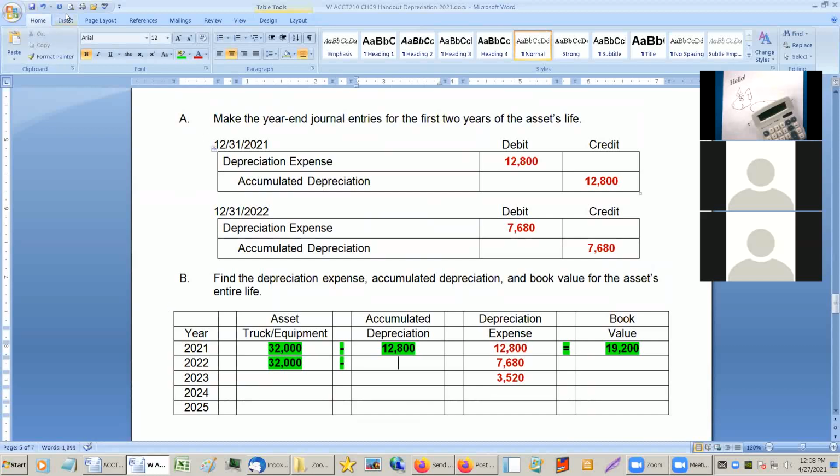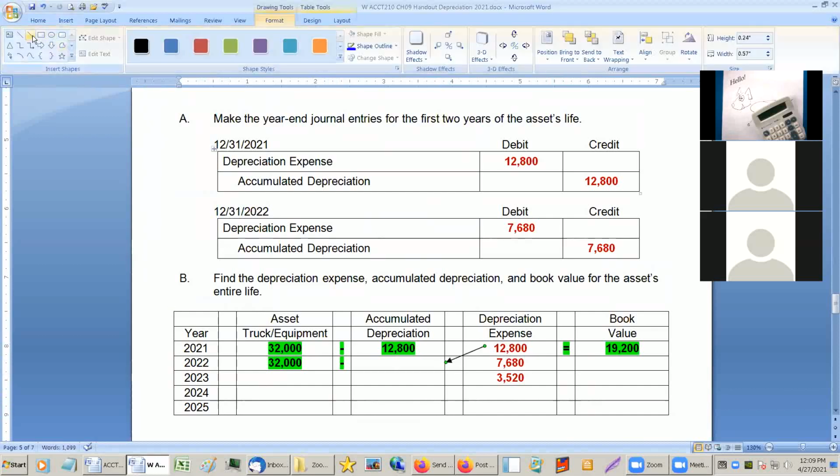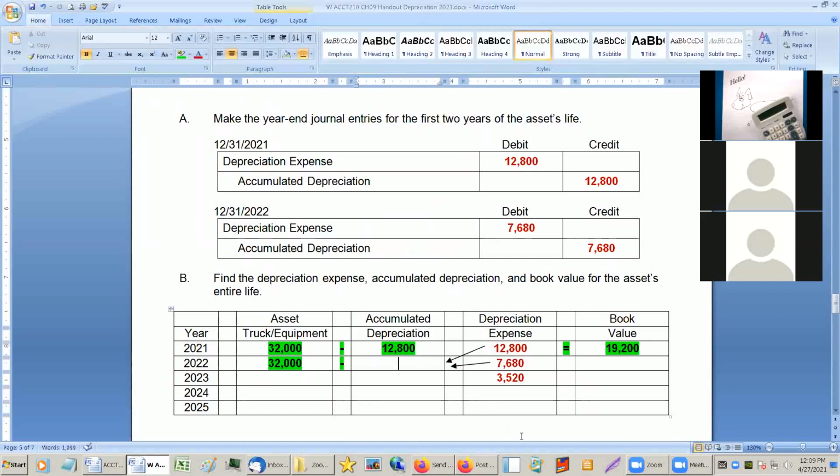The depreciation will be, let's do it together. Plus 20,480.